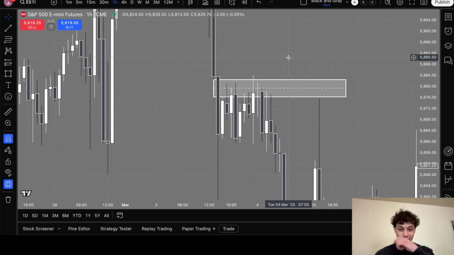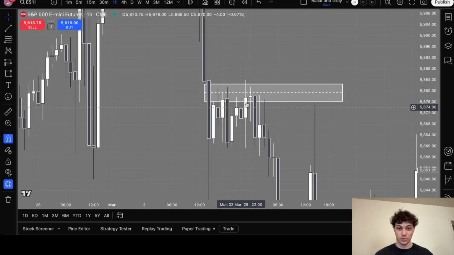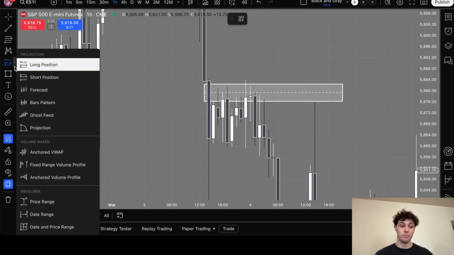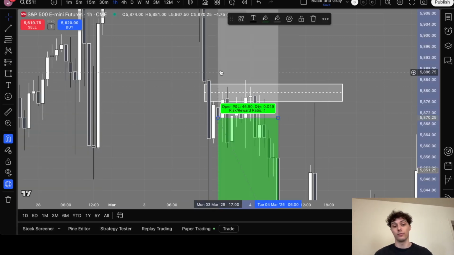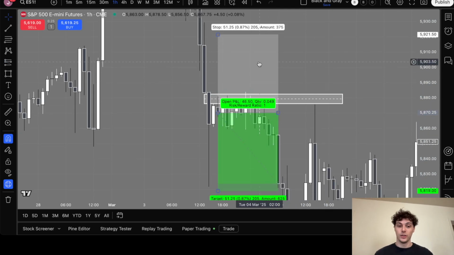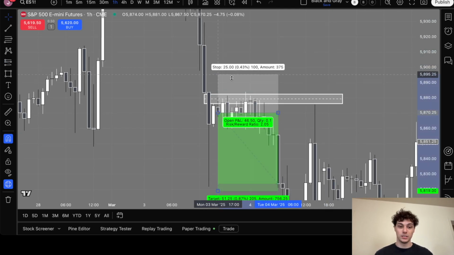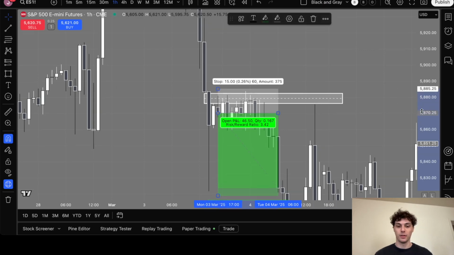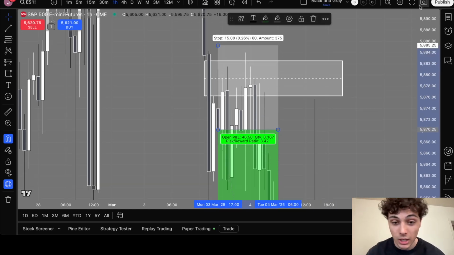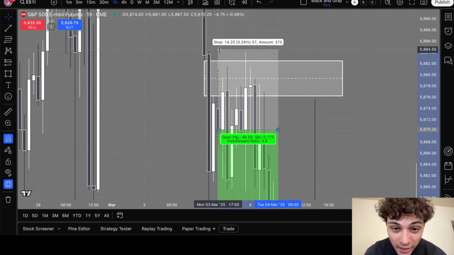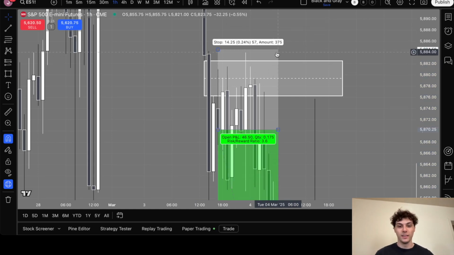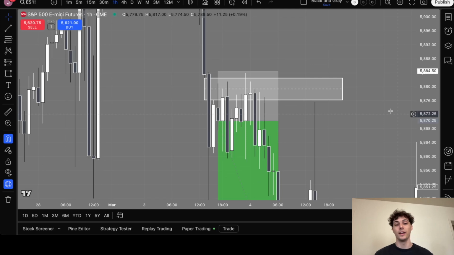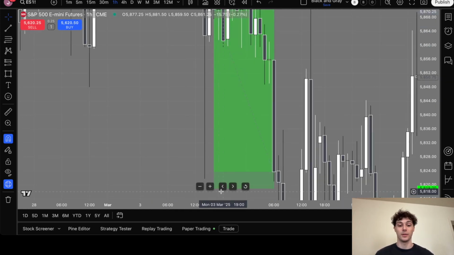Now you're probably like, what if I got in right here? Wouldn't I have gotten stopped out? No, you wouldn't have. Because whenever you're taking a trade off of a fair value gap, you're going to want to put your stop loss right above the candle that created the fair value gap. So if you put your stop loss right above the candle, you would have been 2 ticks away from getting stopped out, but you didn't get stopped out.